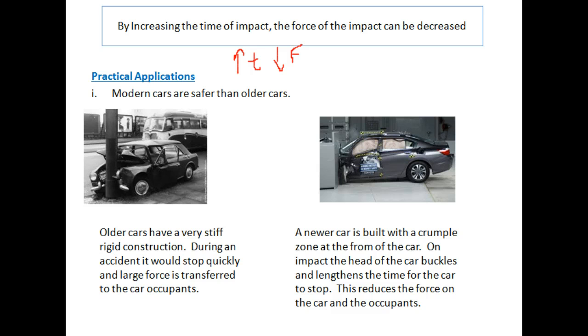Modern cars are safer than older cars. An older car was built with a very stiff frame. A lot of steel, iron. These cars would not bend or crumple. You get very little damage. I know here it might look like a lot, but in terms of the structure of the car, you don't get a lot of damage done.